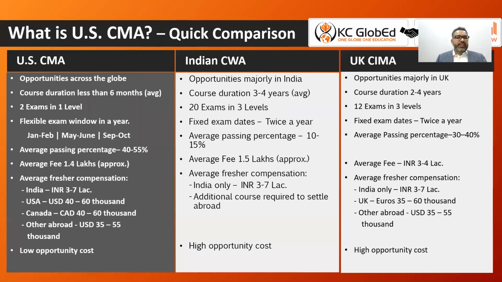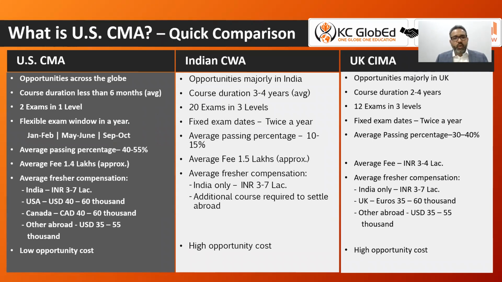The third thing is the flexibility of exam window. We all know Indian professional courses have exams either in November or December, like CA does exams in November and May, CS and ICWA have exams in June and December, twice in a year, right? Same is the case of UK CIMA, they also happen twice in a year.